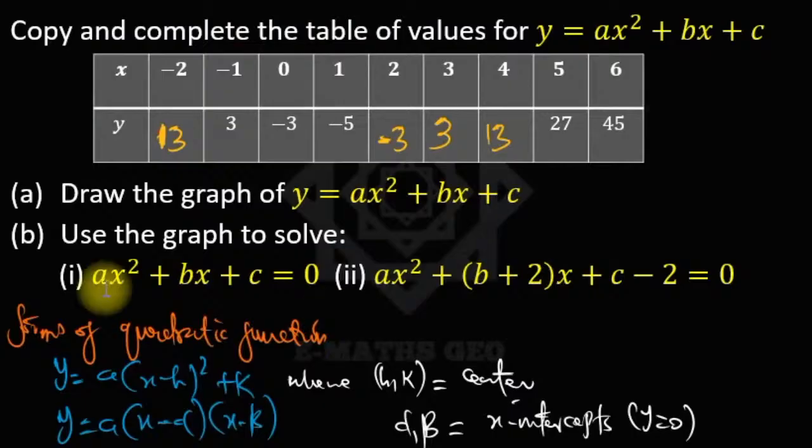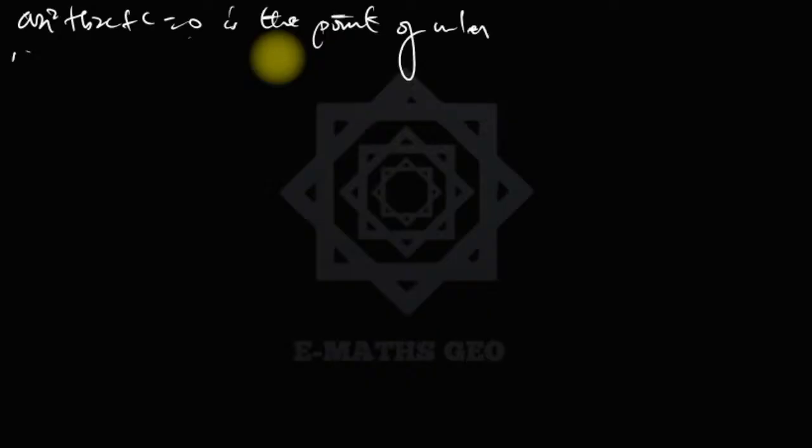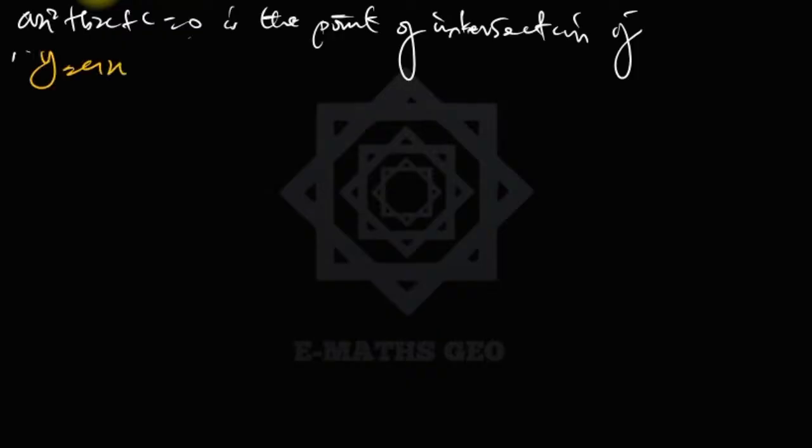The first one, ax squared plus bx plus c equal to 0. You know y is 0, meaning x-intercept. That's the point of intersection of the x-axis and the curve. So ax squared plus bx plus c equal to 0 is the point of intersection of the first curve, which is what we are given, y equals ax squared plus bx plus c, and y equal to 0, and y equal to 0 is the x-axis.